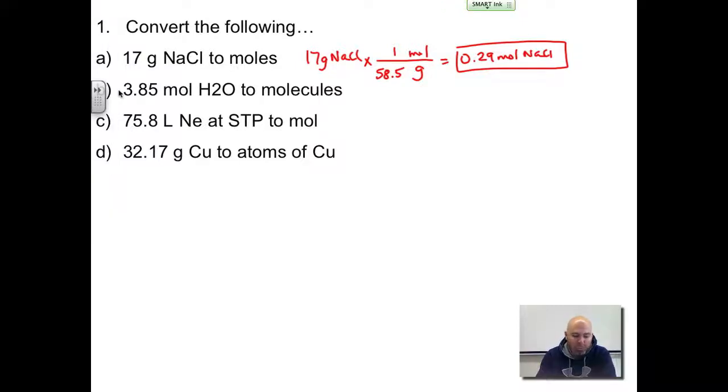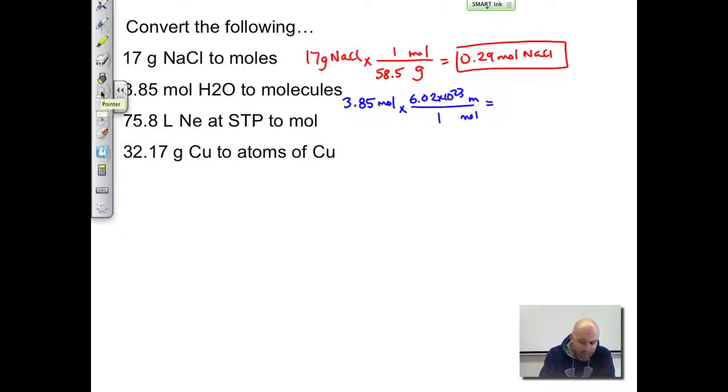3.85 moles of water to molecules. So 3.85 moles to molecules, X line, moles in the bottom, molecules on top, 1. Again, kind of automatic, I go through it. The molecules conversion number is 6.02 times 10 to the 23rd. It's in the numerator, so I'm going to be multiplying.